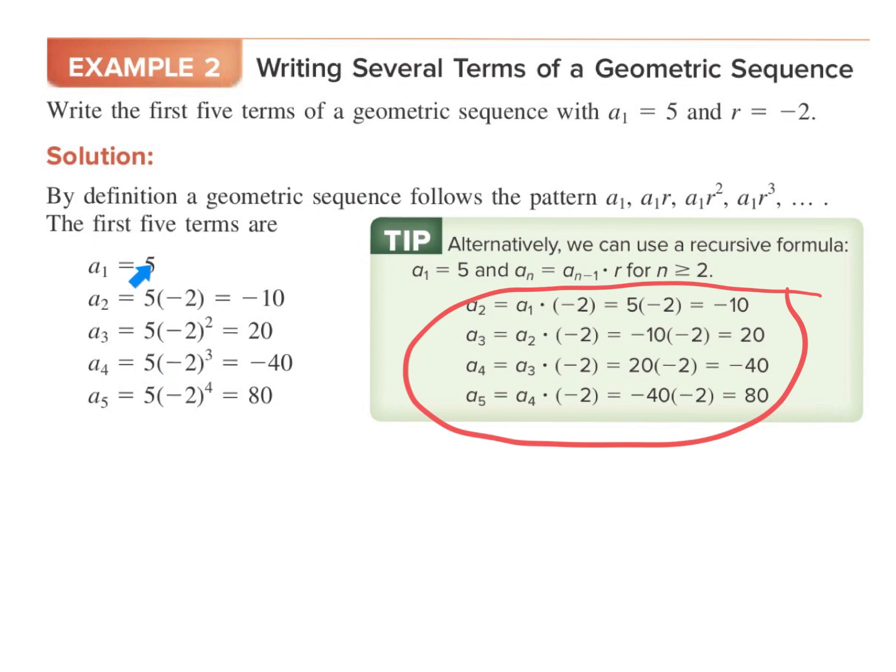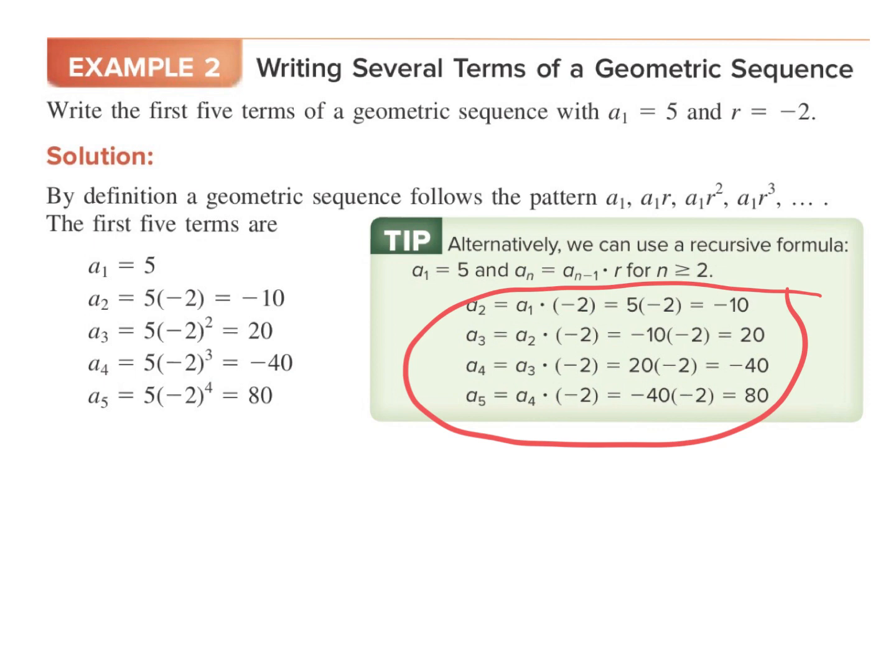But here the formula is the first term times r to the n minus 1. So since r is negative 2, this is negative 2 to the first, n is 3, to the second, 4, to the third, etc. It gets you the same thing. In the end, you have both options. I don't care which one you use. Whichever way makes the most sense for you, great.